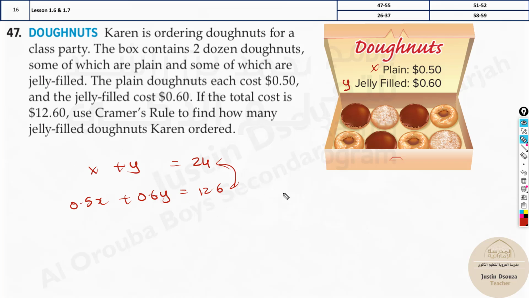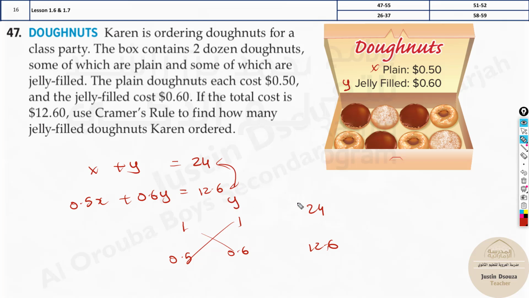How do we do it? System of equations. Now we use Cramer's rule. Over here, what are the coefficients? It's 1, 1, 0.5, 0.6, and then what do we have? 24 and 12.6. Find the determinant, swap these x values by 24 and 12.6 and so on. Now over here you don't need to do it for x and y. You just need jelly filled, right?